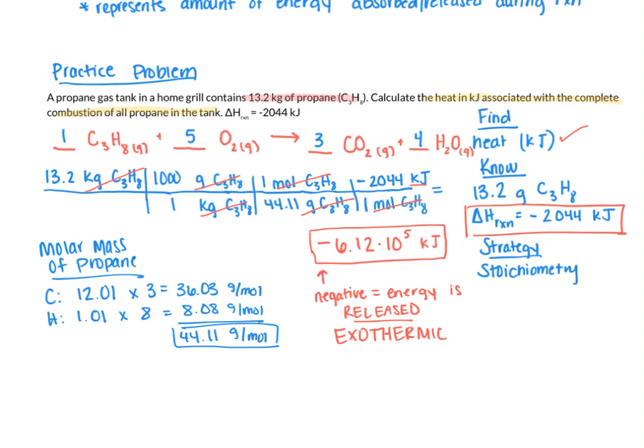And that's the energy that is released when you burn 13.2 kilograms of propane. So that's how you use stoichiometry to figure out how much heat is absorbed or released during a chemical reaction.